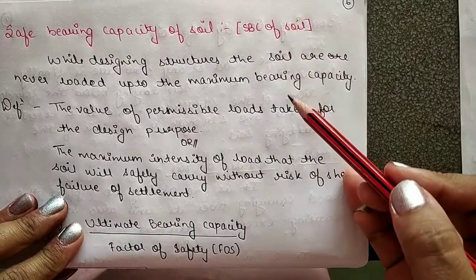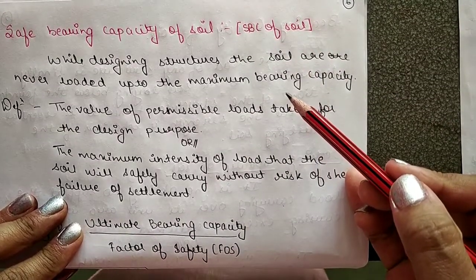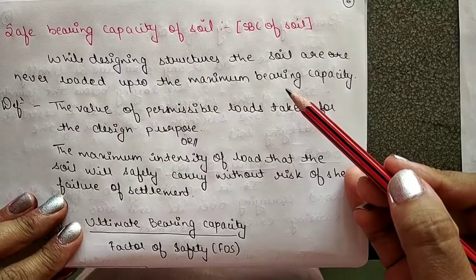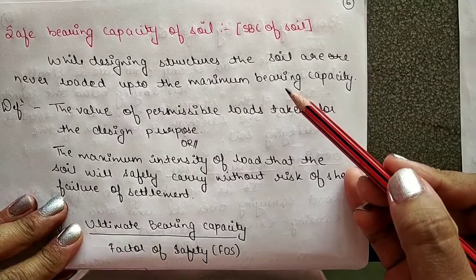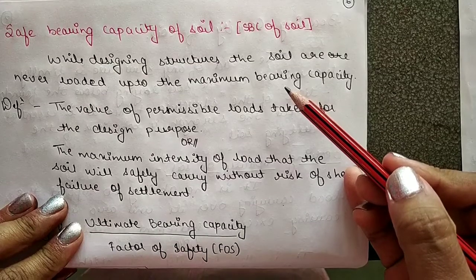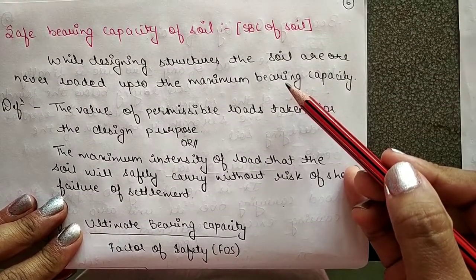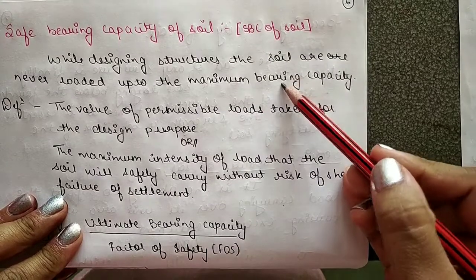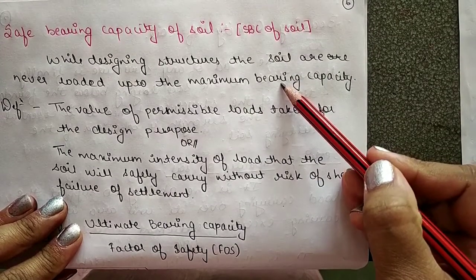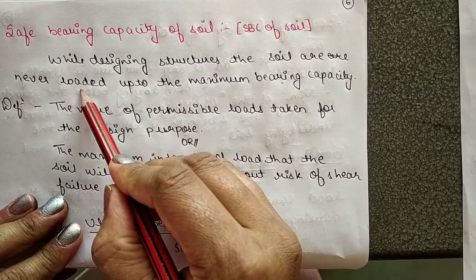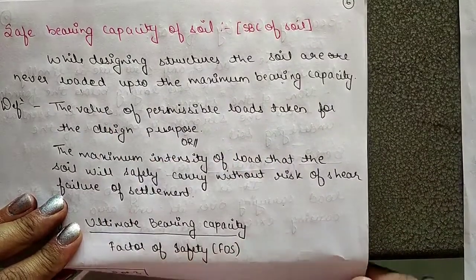Which means we never give the maximum load. We always stay on the safer side. Whatever the capacity, we give less than that, so that the failure of the structure is avoided. We will always load it less than the capacity, so that failure is avoided.